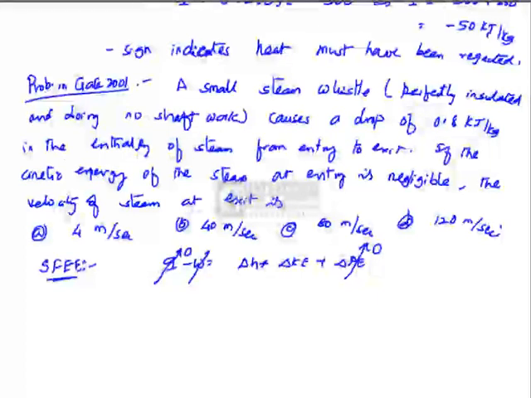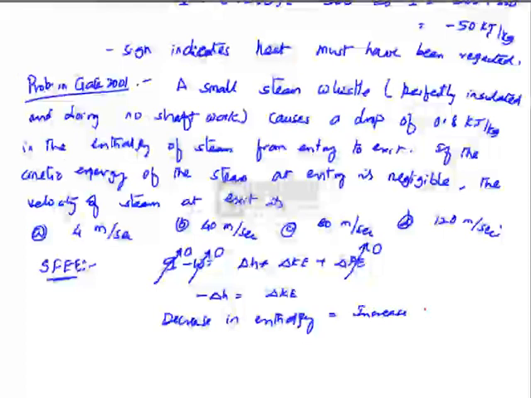No shaft work done, W is 0, which means minus delta H is equal to delta KE. Decrease in enthalpy or enthalpy drop is equal to increase in kinetic energy, that is minus 0.8 into 10 cube.